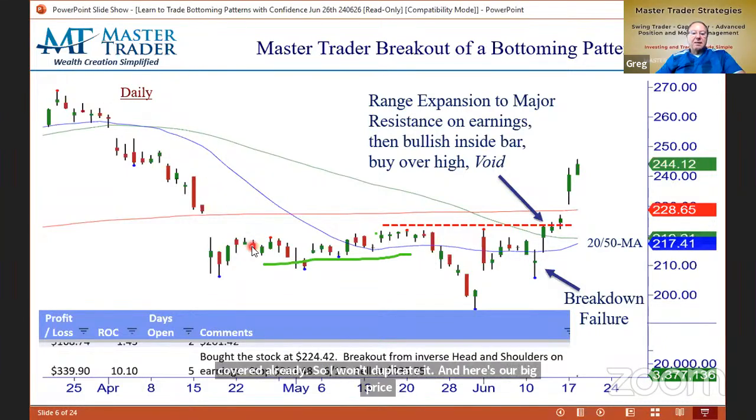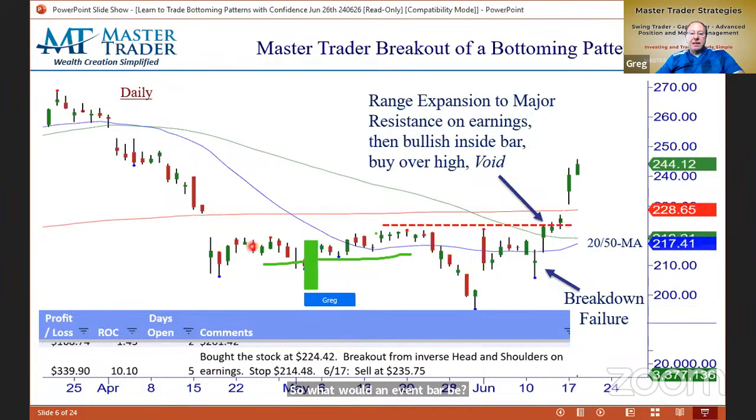Let me add a little something here, because again, people that are new, what the hell is an event bar? You guys are using words and I don't see any pictures, right? So what would an event bar be? It jumps out at you. You can't miss it. It's in your face. It gapped down and it rallied all the way back. It's a big bar.